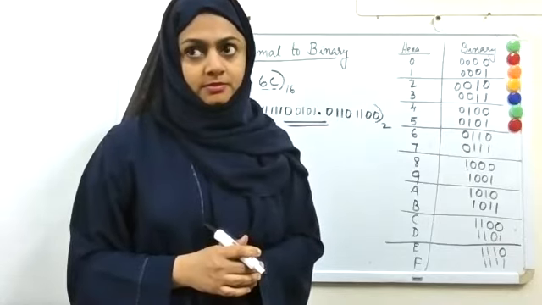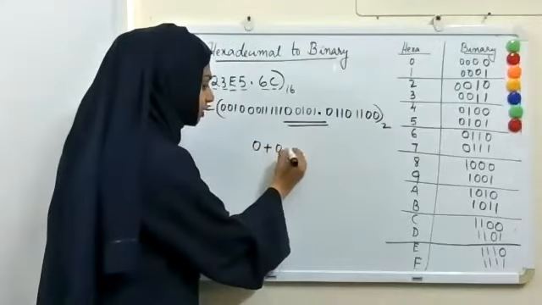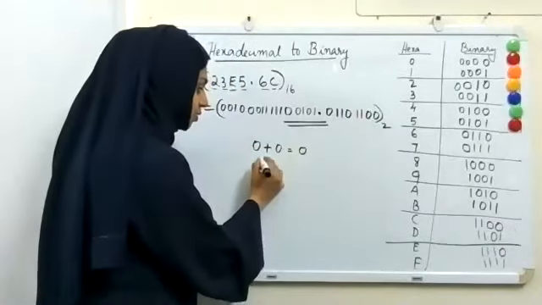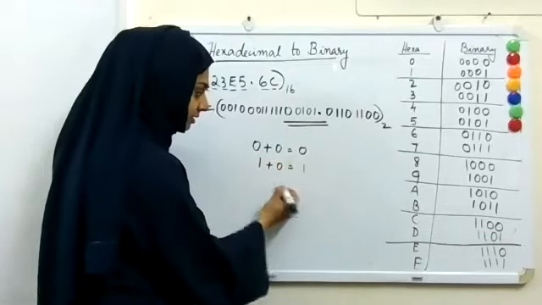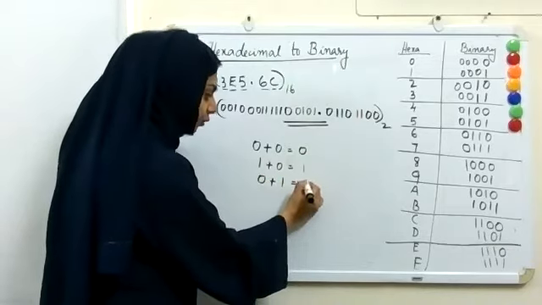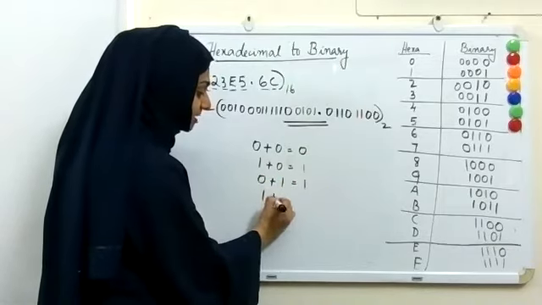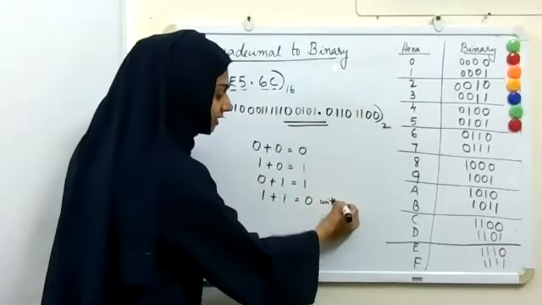I just can't process it. Like 0 plus 0 is equal to 0. 1 plus 0 is equal to 1. 0 plus 1 is equal to 1. 1 plus 1 is 0 with carry 1.